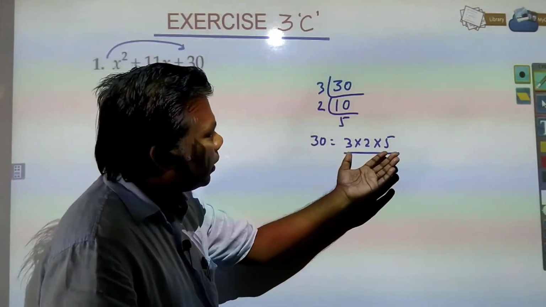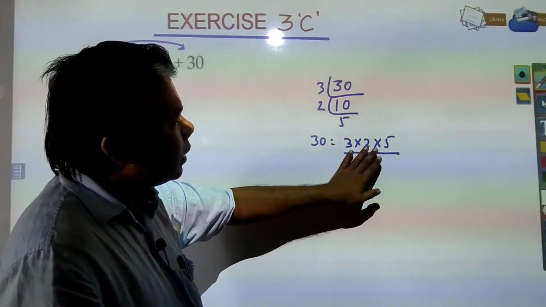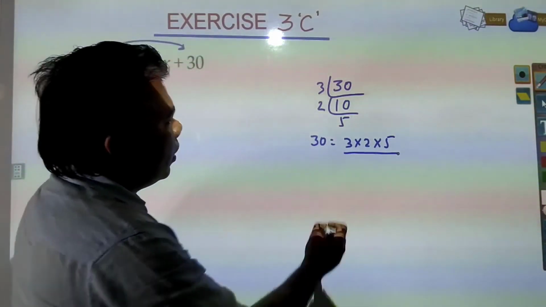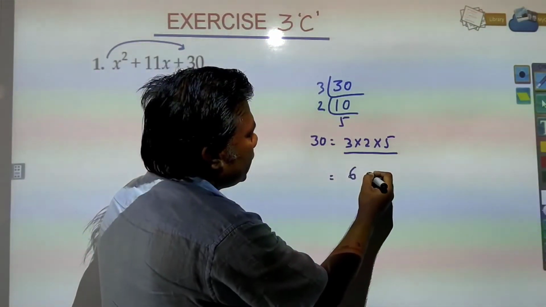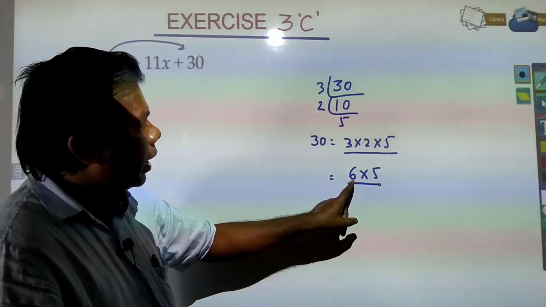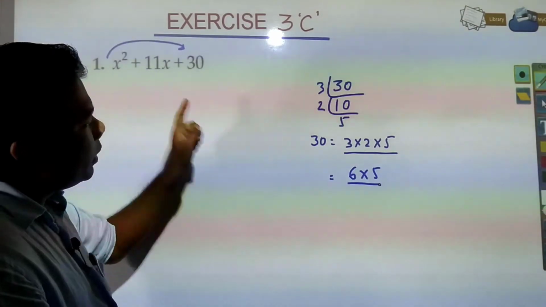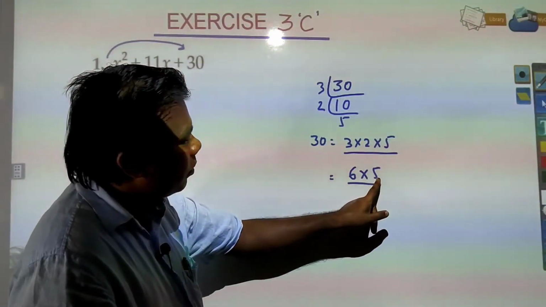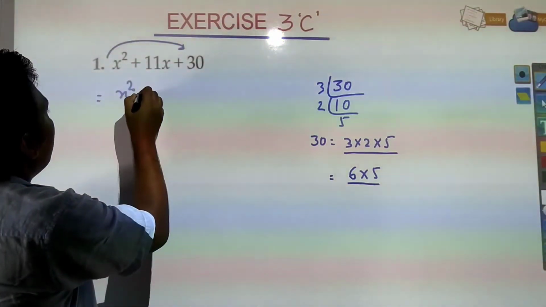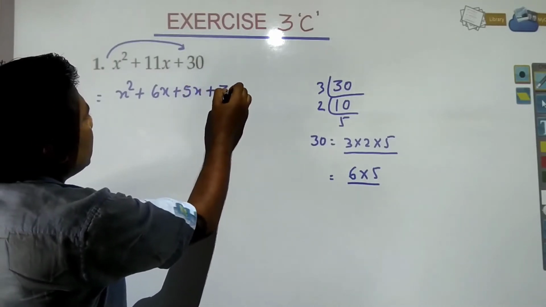So these factors are required to be written in two parts so that the sum is 11. Here if we write 6 into 5, 6 5s are 30, and if we add 6 and 5 we get 11. So 11x can be split as 6x plus 5x. So here we will write x square plus 6x plus 5x plus 30.